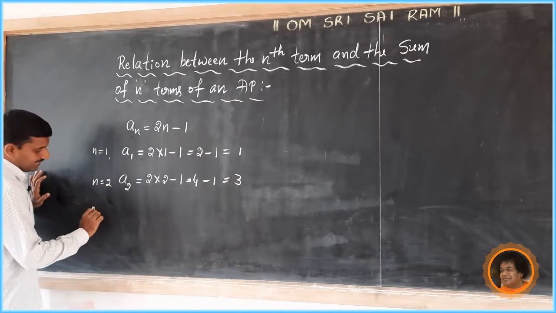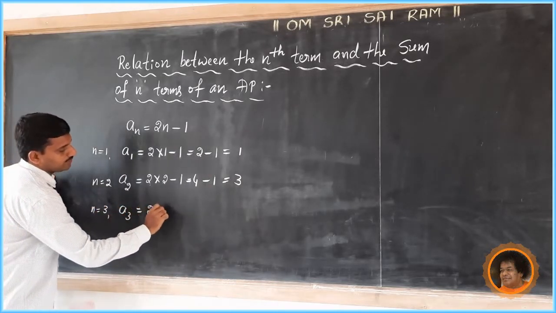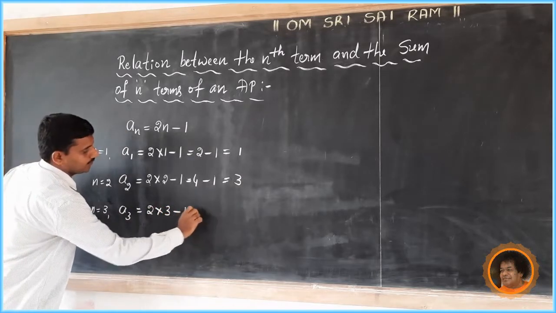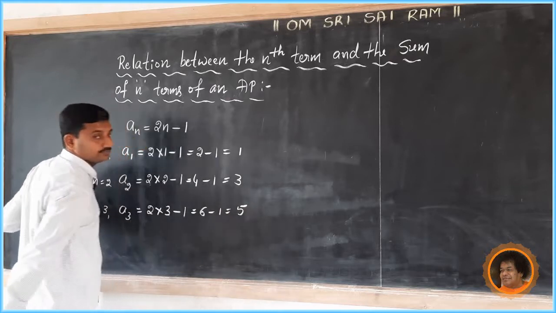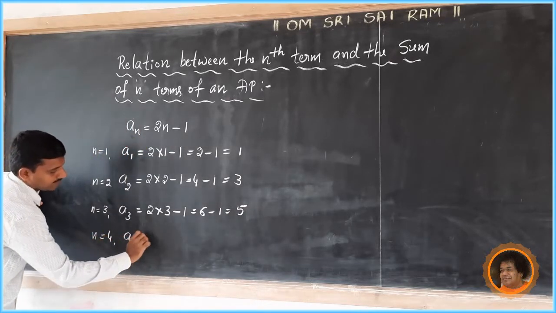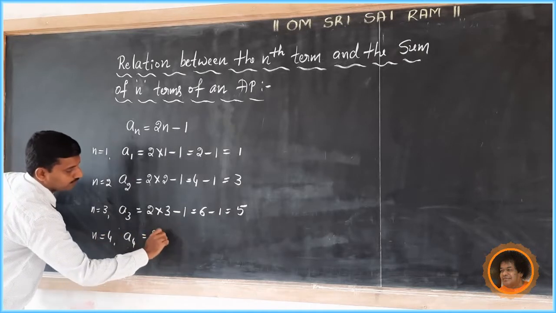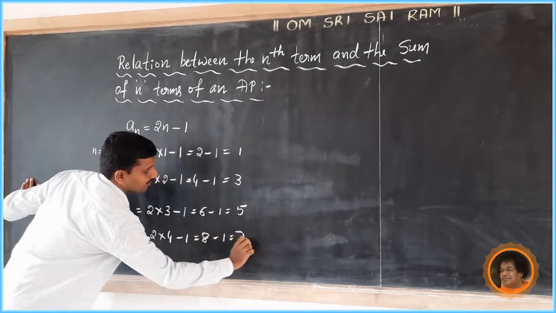And next n equal to 3, a3 equal to 2 into 3 minus 1, 6 minus 1 equal to 5. And then n equal to 4, a4, the fourth term, 2 into 4 minus 1, so 8 minus 1 equal to 7.